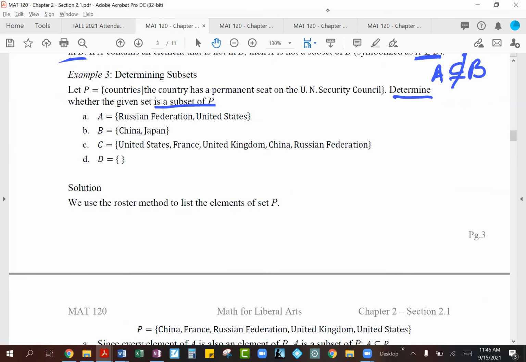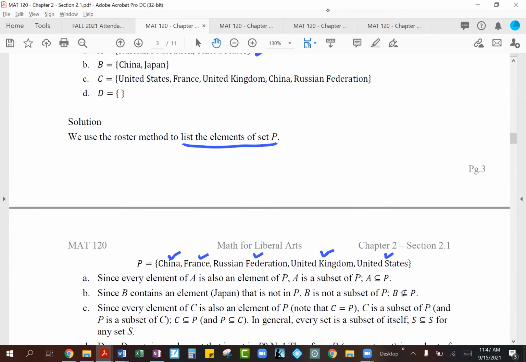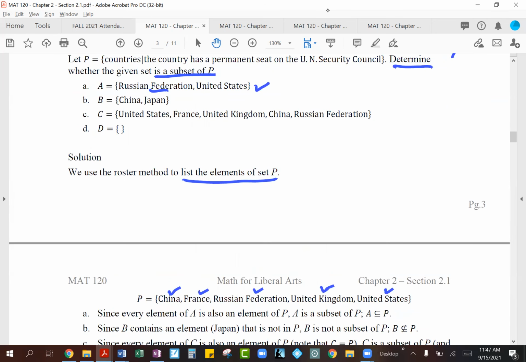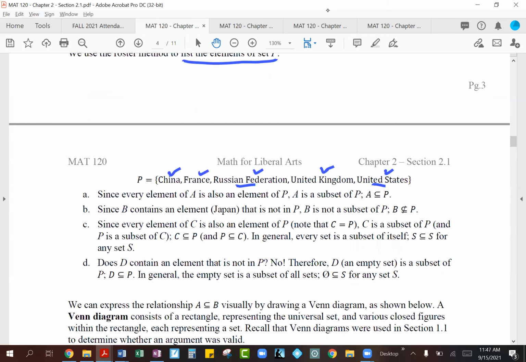So the first one is asking us to determine whether set A is a subset of set P or not, which is the Russian Federation and United States. And you can see, if you just list all the elements from set P, these are all the countries that have a permanent seat on the UN Security Council. So obviously you can see both Russian Federation and United States have a permanent seat in the UN Security Council. So we can say, yes, A is a subset of P.